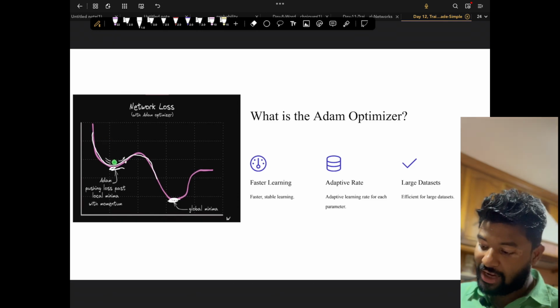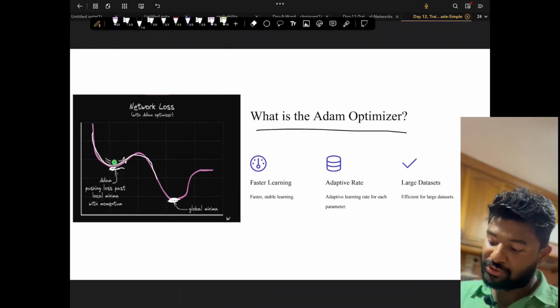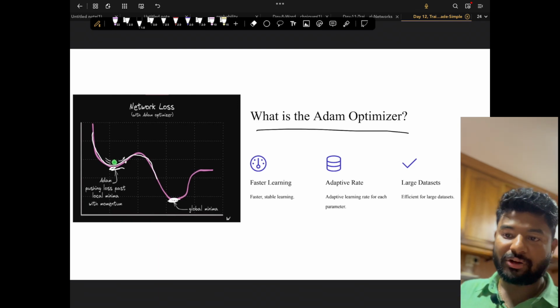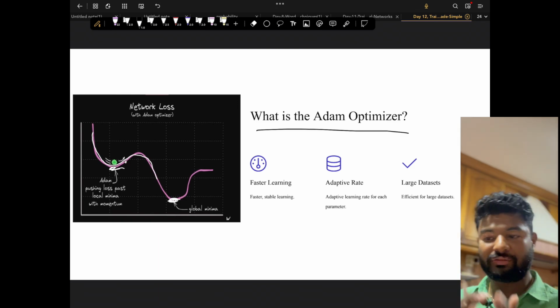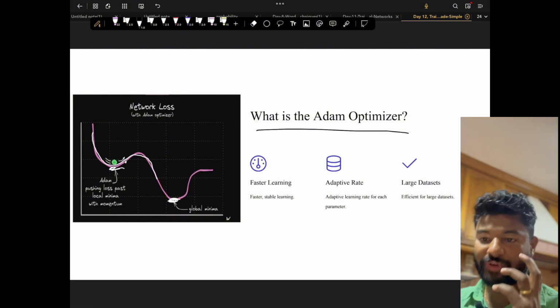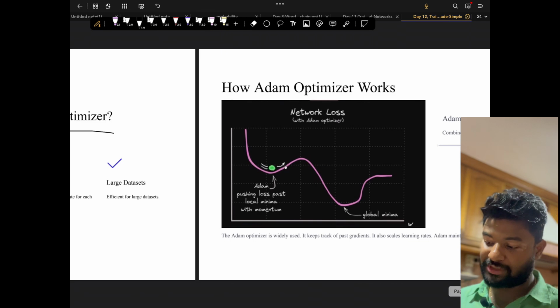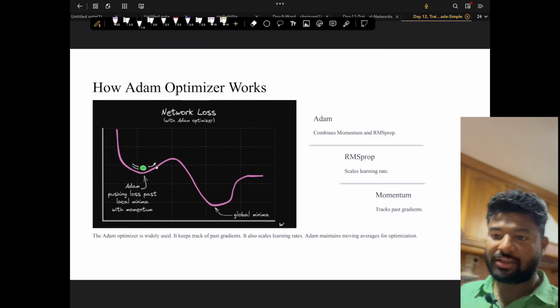Okay, Adam optimizer on the other hand tries to not only use the concept of learning rate, it also uses the concept of momentum. Hence, because of that, it goes ahead and tries to find the right global minima too. Let me try to explain by taking the same example. So this is the same example.